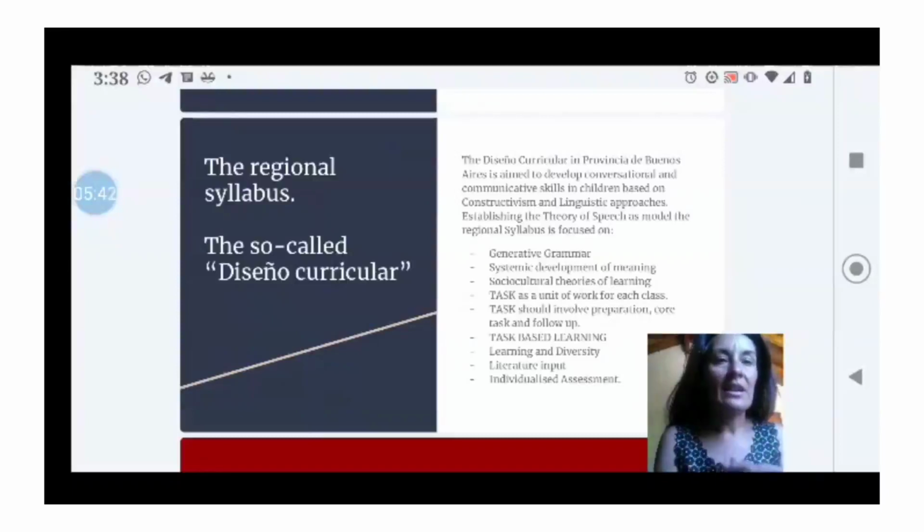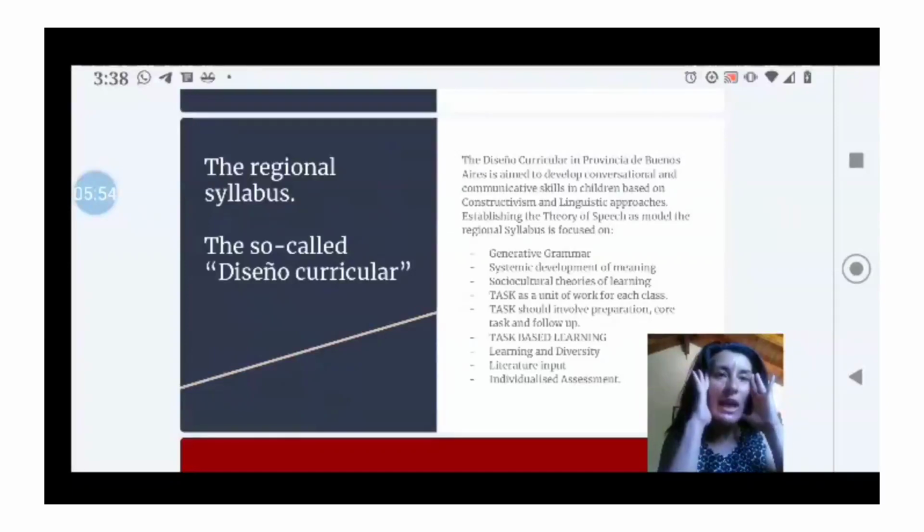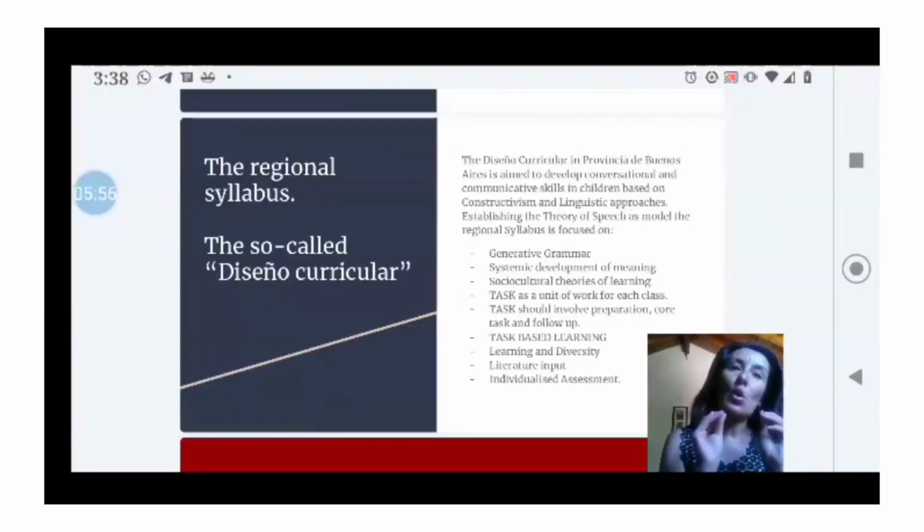What is a task? A task is a unit, and it should include a preparation stage, a core task, the most important. What is your aim of the lesson? This should be the core task, and the follow-up or the monitor. I like to say monitor rather than follow-up. Task-based learning is a must in our system.